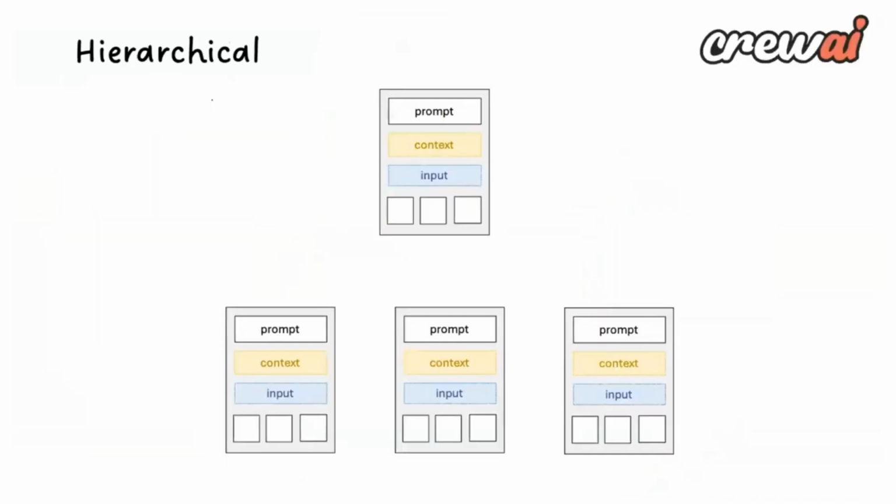And then a slightly more complicated one would be to bring hierarchy into this process. CrewAI supports this hierarchical process that arranges agents more like a tree, and it mirrors a lot of company organization as well. So we have a special agent called the manager, and this manager doesn't perform any specific task other than just telling other people what to do.